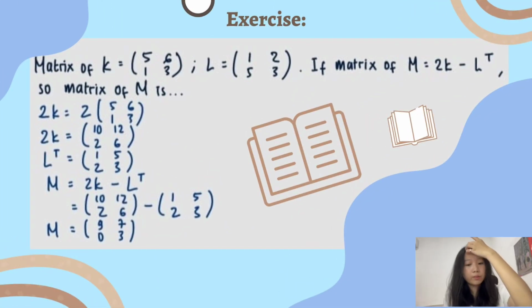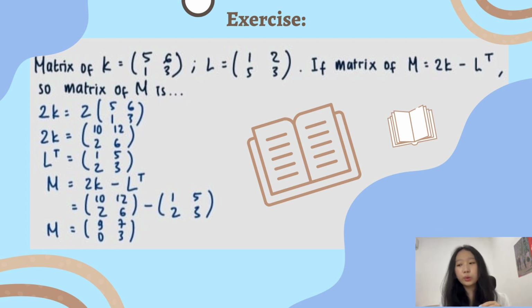Fourth example, we have to find the matrix of M if M was 2 times K minus the transpose of L. So for the 2K, it was 2 times the matrix of K, which remains 2 times 5, it was 10, 2 times 6, it was 12, 2 times 1, it's 2, and 2 times 3, it's 6.